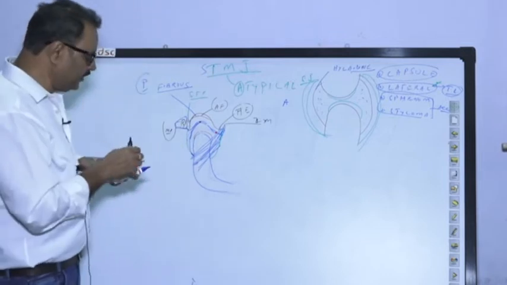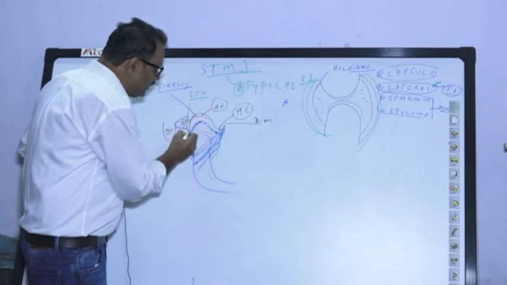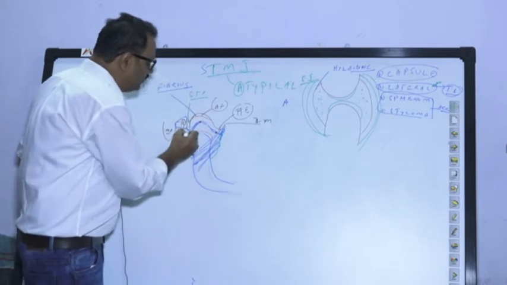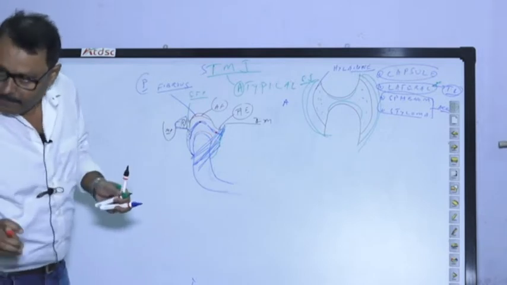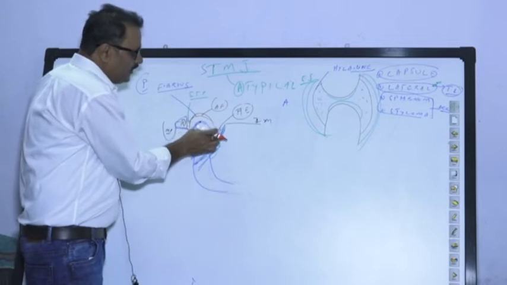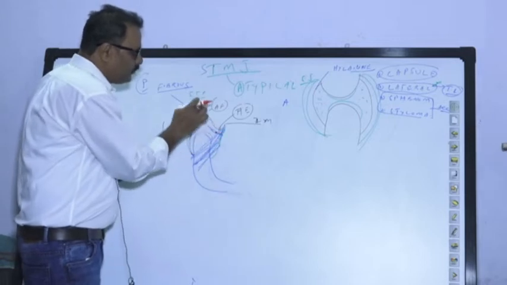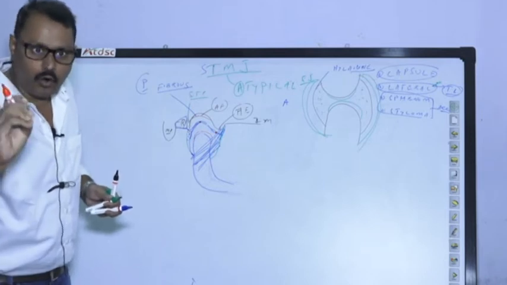The second important thing is that in this retrodiscal area we have the presence of veins, arteries and nerves. The entire disc except the bilaminar area, that is the anterior extension, anterior band, intermediate zone and posterior band, is devoid of any arterial or nerve supply.